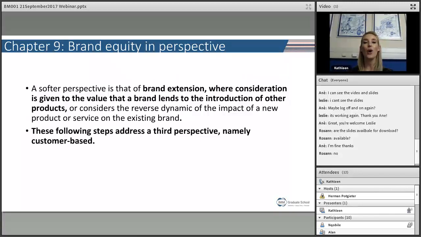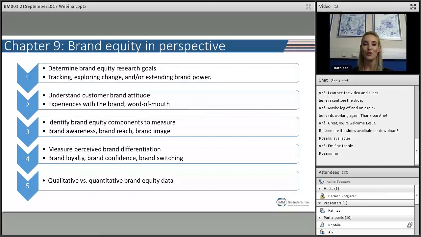And generally, if you own a strong, well-recognized brand, it will always be better for you to leverage the power in that brand and form a brand extension. The following steps address a third perspective, where we look at the brand equity or value a brand has from the customer perspective. So, how am I going to go about measuring my brand equity?